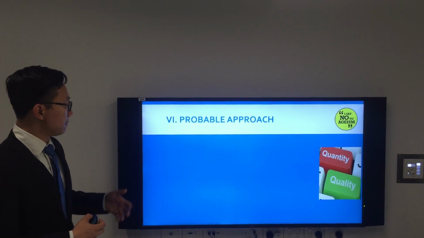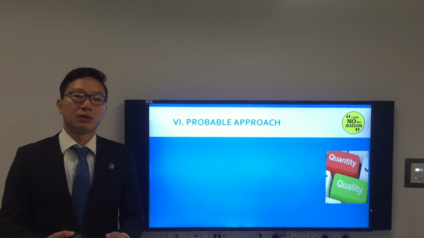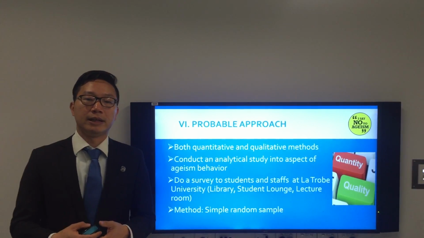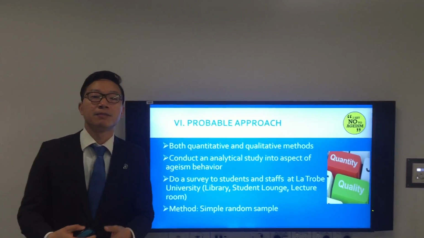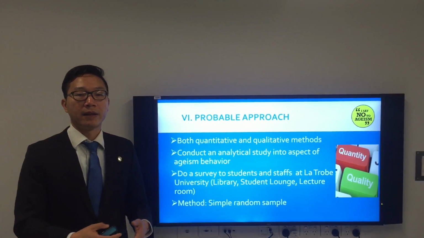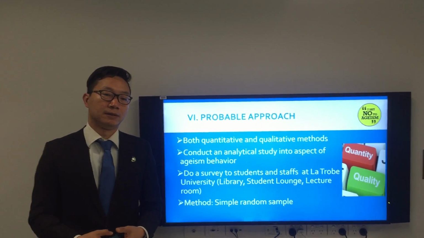Regarding the probable approach, in this topic, both quantitative and qualitative methods are used in order to find out the main type of ageism behavior at work and how this issue impacts the national economy.